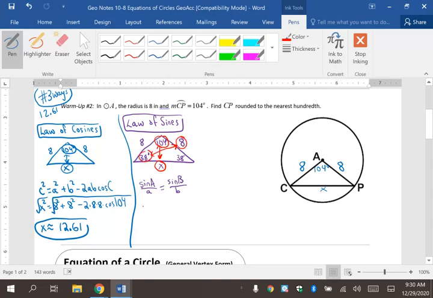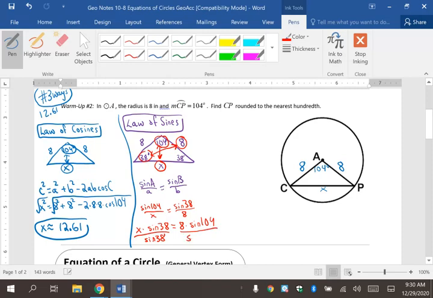So we have sine of 104 degrees over x equals sine of 38 divided by 8. Cross multiply: x times sine of 38 equals 8 times sine of 104. Don't simplify until the very end.